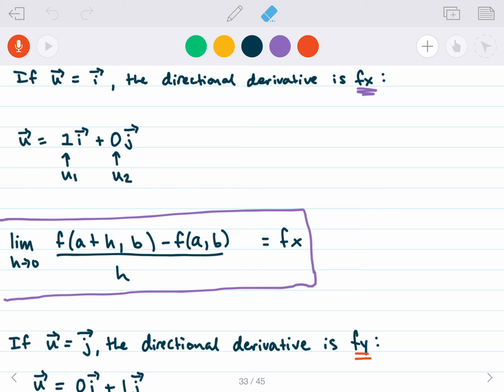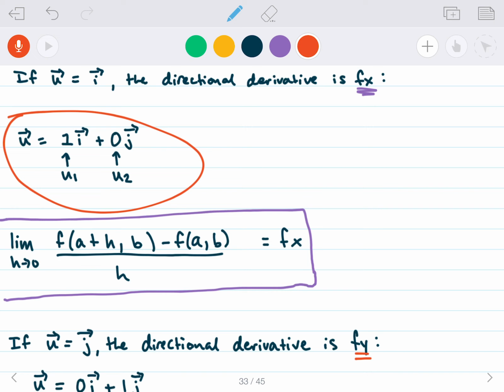Okay, so if you remember last time, we talked about the limit definition for the partial derivative with respect to x and with respect to y. Now, these are special cases of directional derivatives, right? For the partial derivative with respect to x, the direction is in the direction of the unit vector i, right? Because i is our x direction unit vector. And so what that means is that our unit vector here can be broken up into 1i plus 0j.